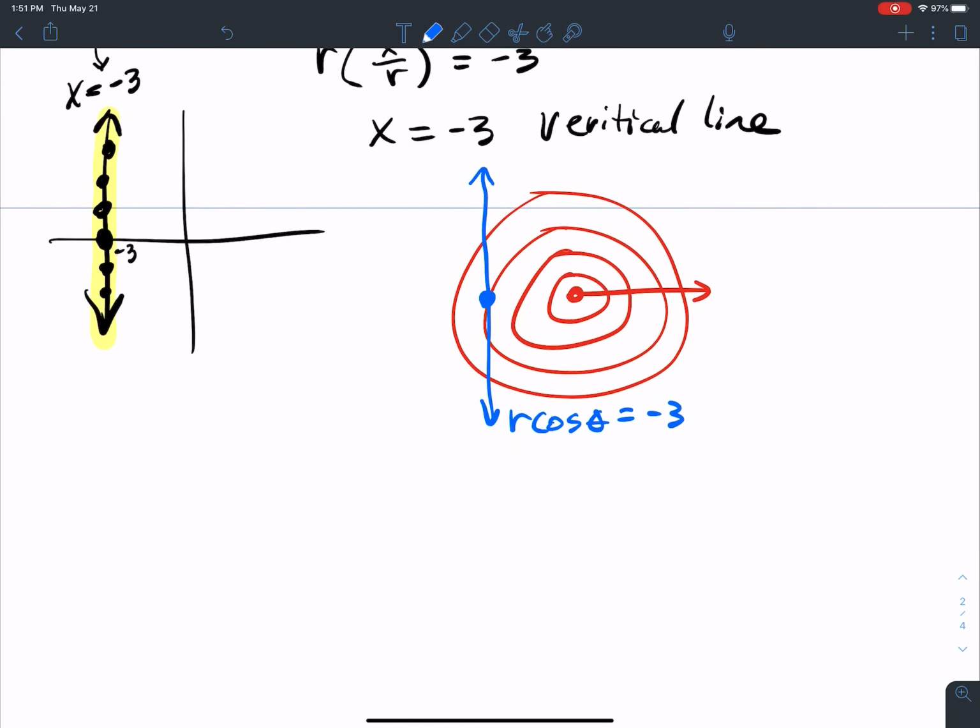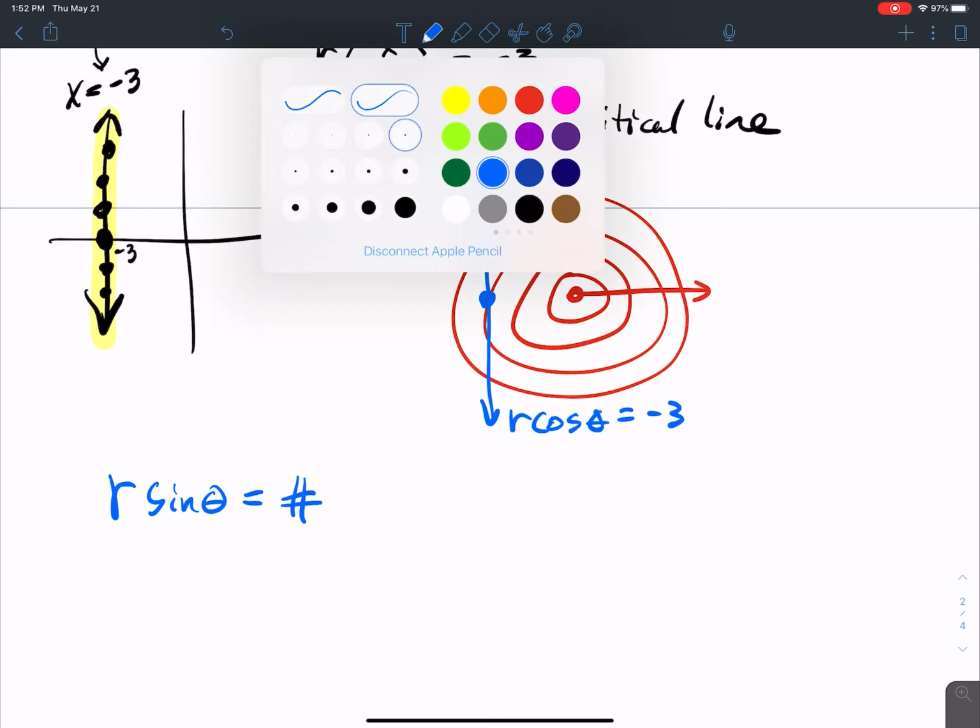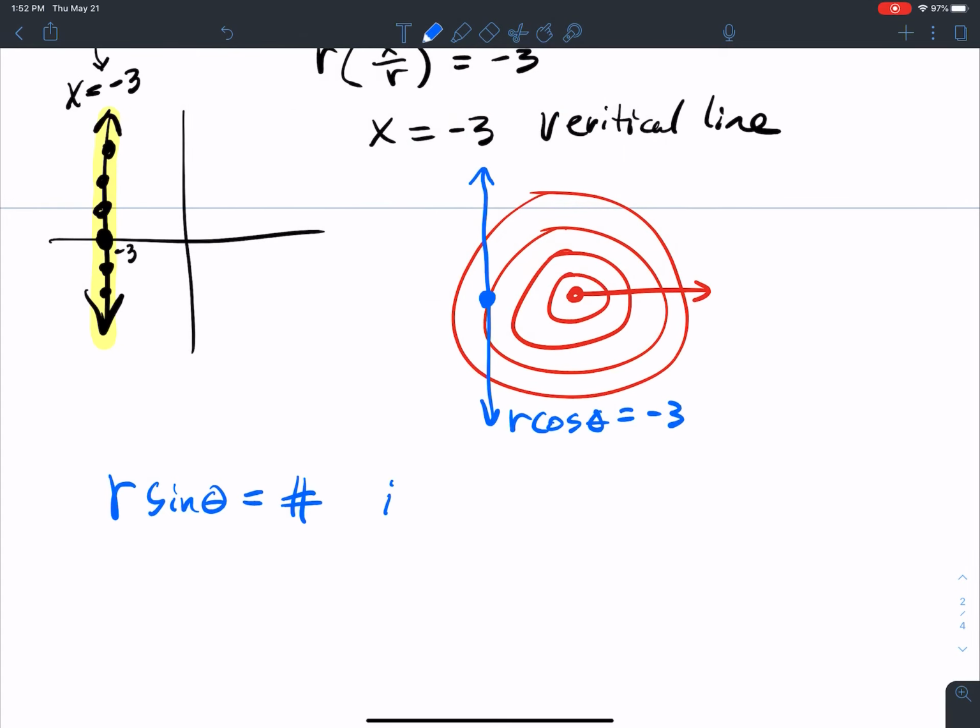so in general, if I have r sine theta equals some number a, this is a horizontal line.